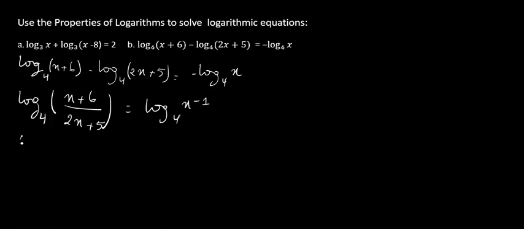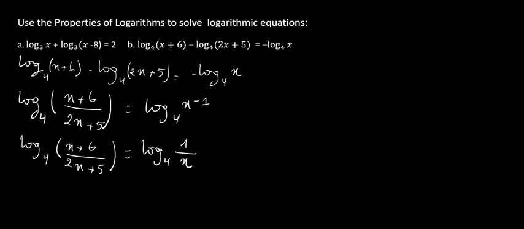And this is log base 4 of x to the minus 1. I can write it as 1 over x. So log base 4 of x plus 6 over 2x plus 5 is equal to log base 4 of 1 over x.